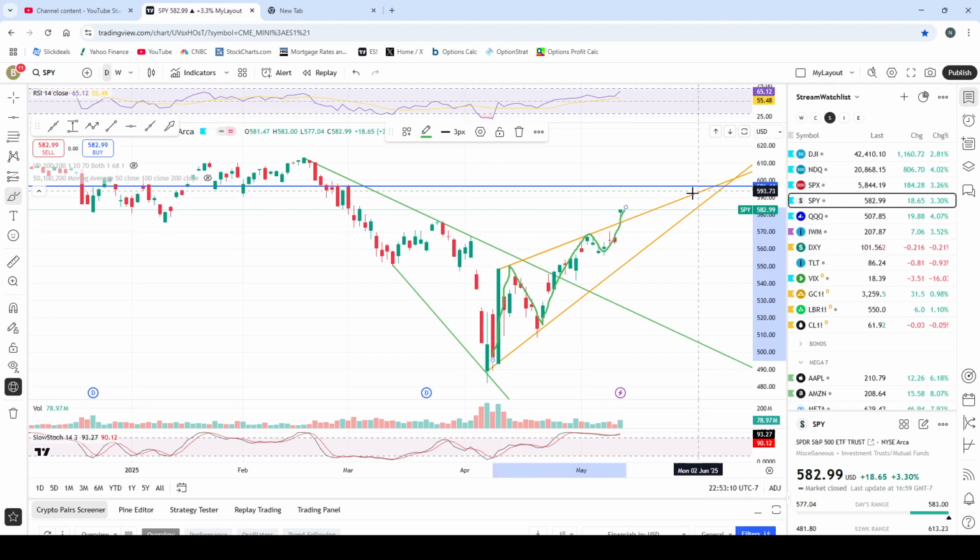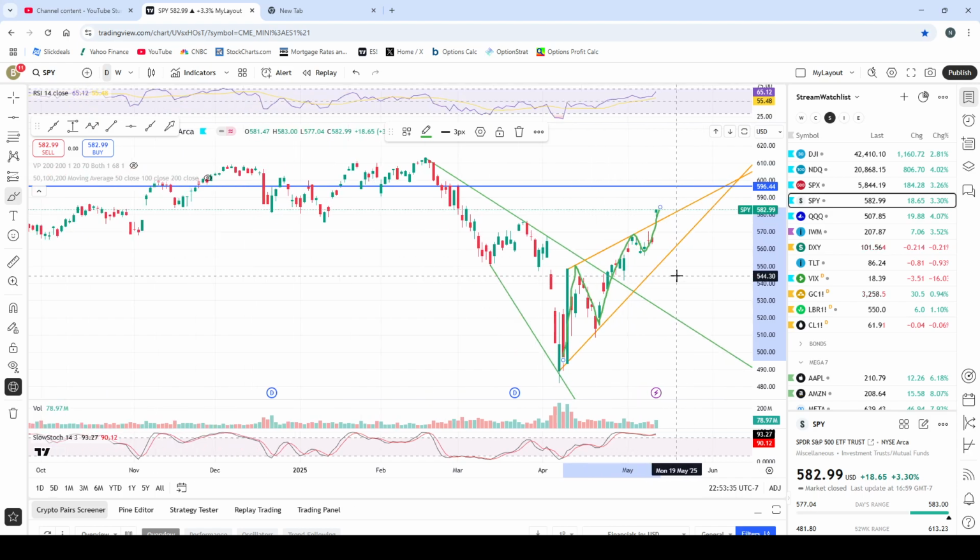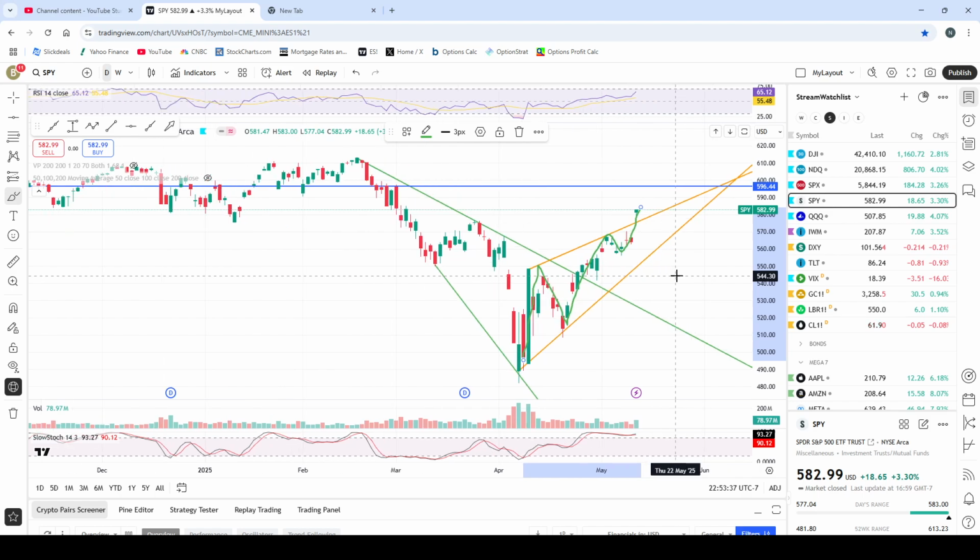So this is the channel resistance, this is the channel support. So right now it tried to break out, and when it goes above the channel, we call it breakout. When it goes below the channel, we call it breakdown. So now it's breakout, and there's some pattern that you want to get familiarized with.